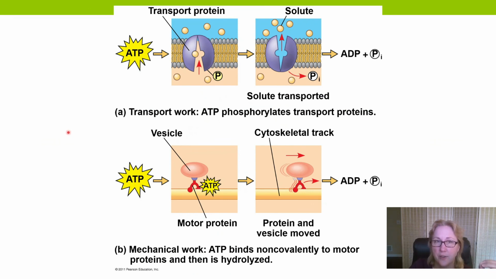ATP is used for other things too. It's used for transport. We already talked a little bit in the membranes section about active transport, transporting sodium and potassium across the membrane against their concentration gradient. That uses ATP. Vesicle transport, we already talked about that. That uses ATP.